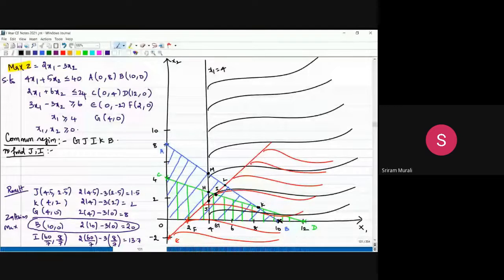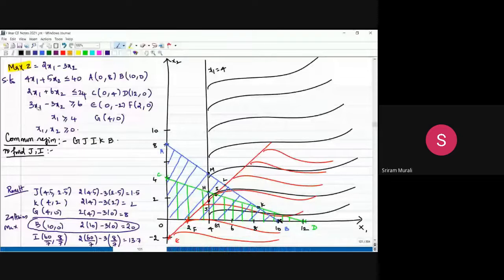To find J and I, we have to solve this. To find J, x1 is equal to 4, that is one line. This is intersecting with the red color, red color means E and F. So these two lines should be solved.